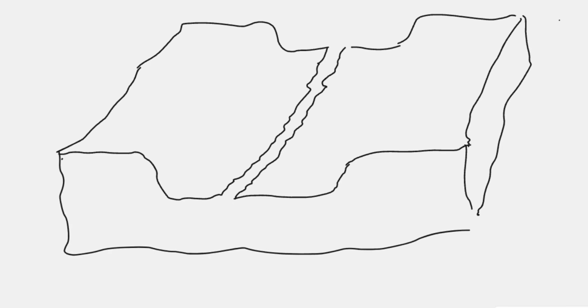Remember, the flood plain will be formed when we have the migration of the meanders downstream, leading to deposition of alluvium. The floodplains are filled with alluvial deposits, and that's why they're actually very fertile.